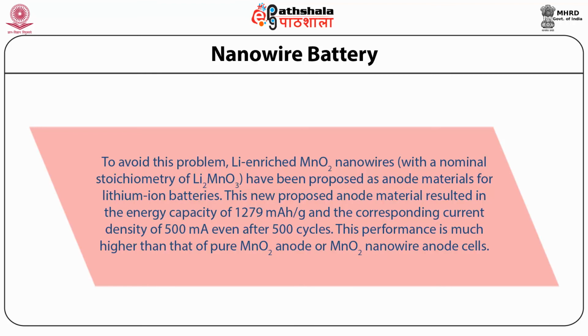This new proposed anode material resulted in an energy capacity of 1279 mAh per gram and a corresponding current density of 500 milliampere even after 500 cycles. This performance is much higher than that of pure MnO2 anode or MnO2 nanowire anode cells.